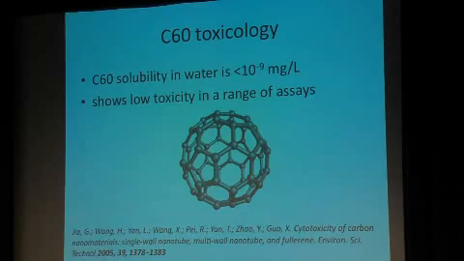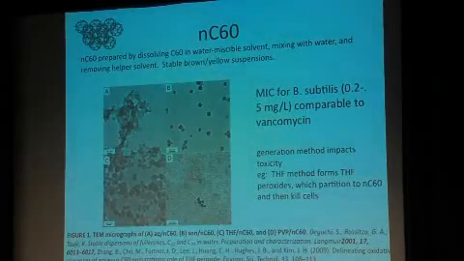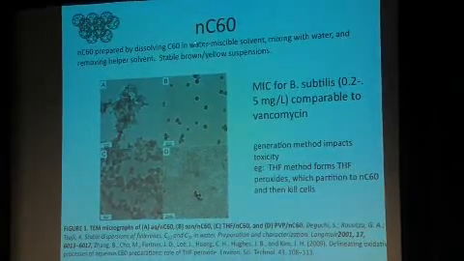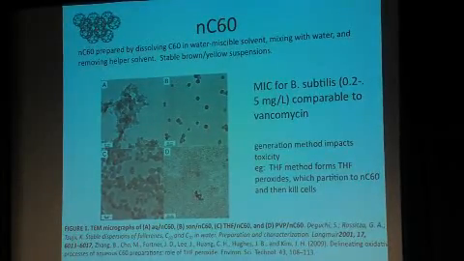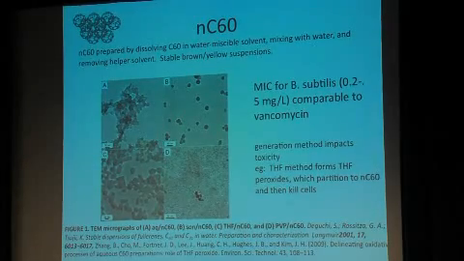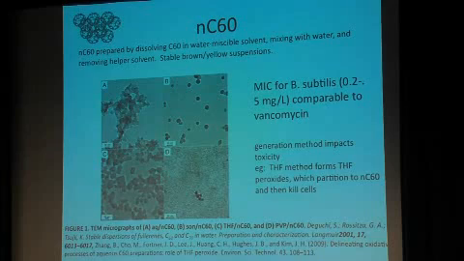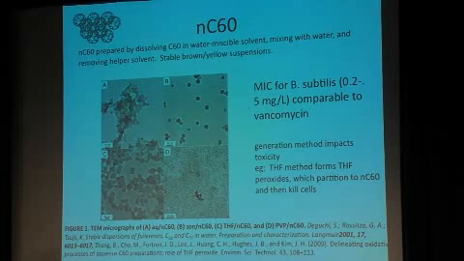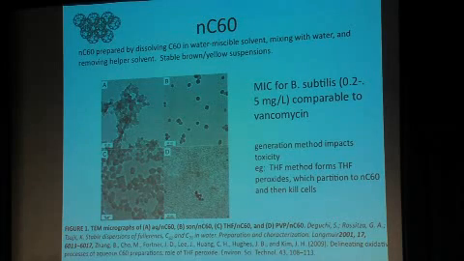So people for a while were not very concerned about C60, and then there was a little problem that arose because if you prepare your C60 in a solvent like THF or ethanol, mix it with water, and then pull off the helper solvent, you can get these brown or yellow suspensions. And these are aggregates of C60. So the molecule is quite hydrophobic, winds up sticking together to form these fairly well-defined little particles.